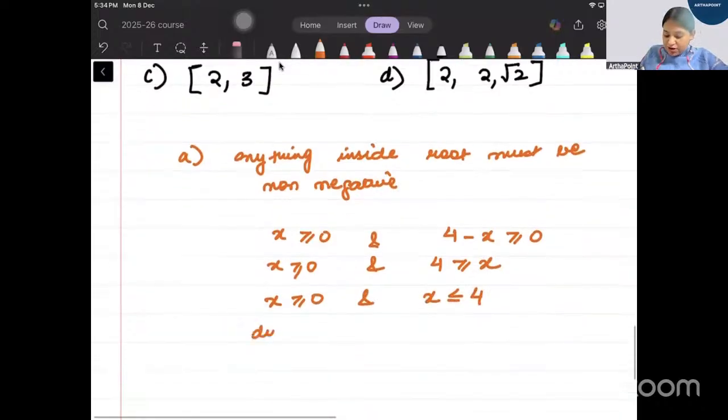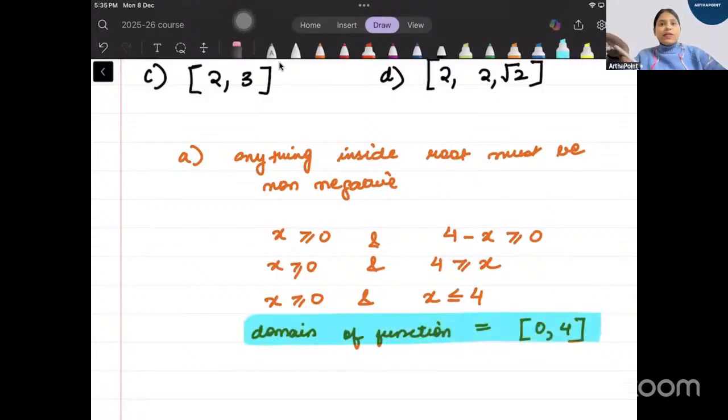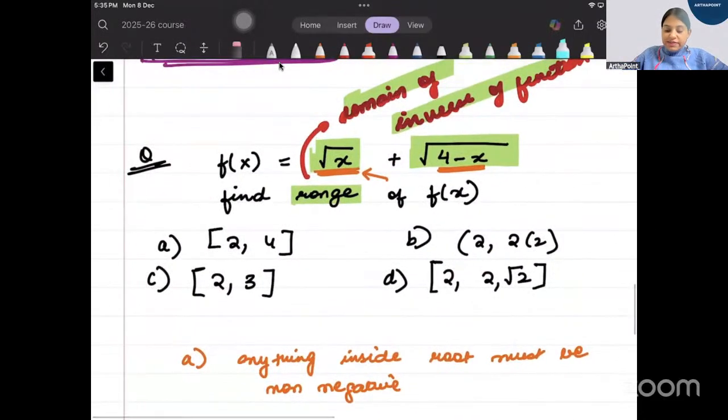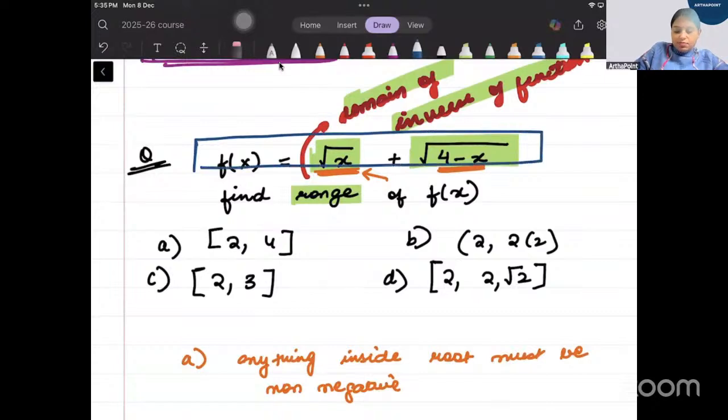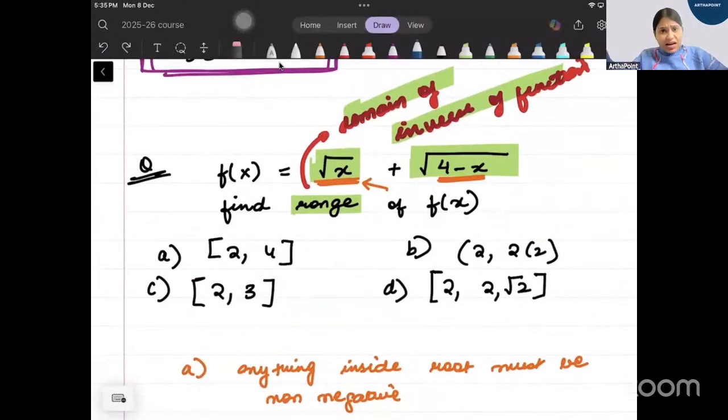So the first thing I have understood is that the domain of my function is between 0 to 4. The values of x that I can plug inside this function will be anything between 0 to 4, because it's inside root and in root I can only put non-negative values. Now let's understand further.